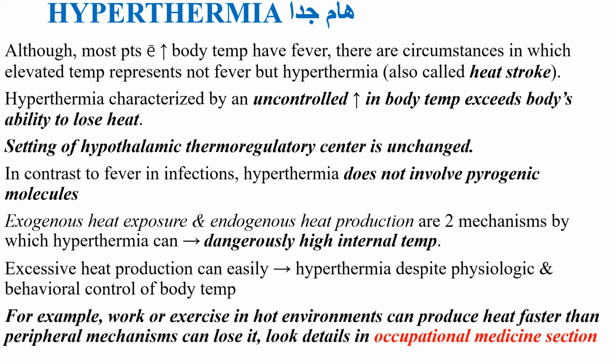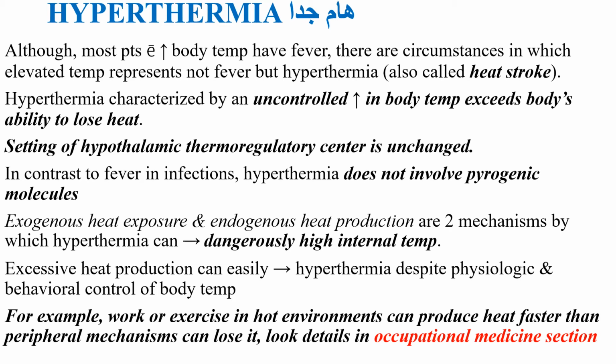Exogenous heat exposure and endogenous heat production are two mechanisms by which hyperthermia can lead to dangerous high internal temperature. So the mechanisms used are exogenous heat exposure and endogenous heat production. In occupational medicine, most probably it is due to exogenous heat exposure, and we call it heat stroke.